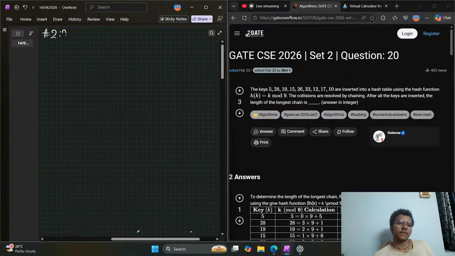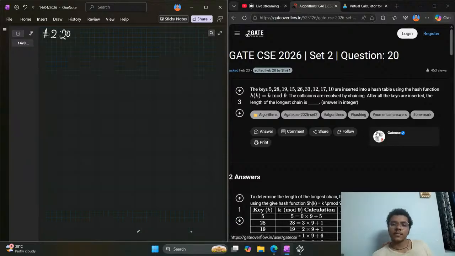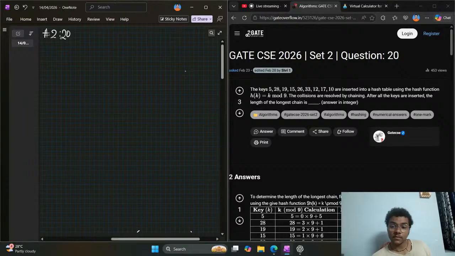So we got set to 20. Hash function came out and the collisions are resolved by chaining. So the length of the longest chain, that makes a lot of sense. H of k is equal to k mod 9, right? We got 5 in the 5. So 9 3s are 27, that is 1, and 9 2s are 18, that is 1 again, right?